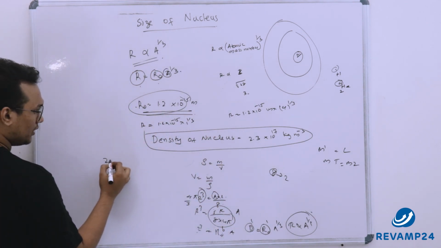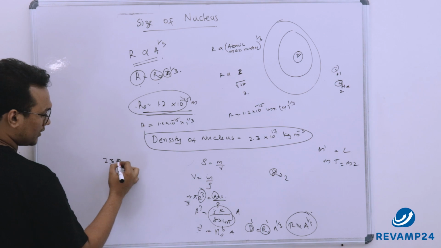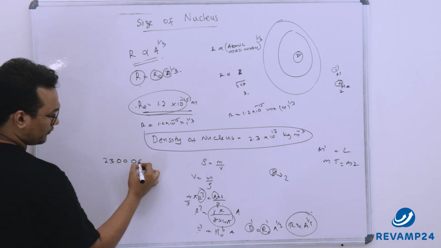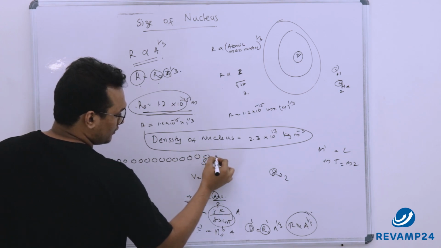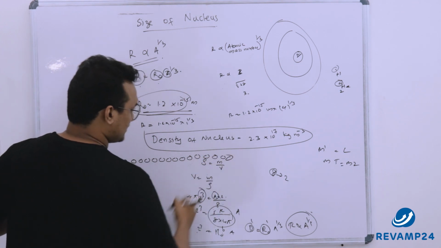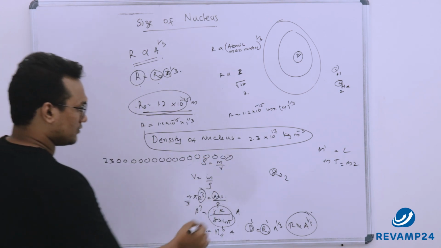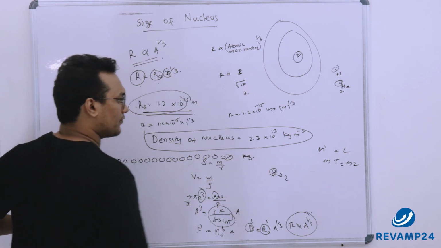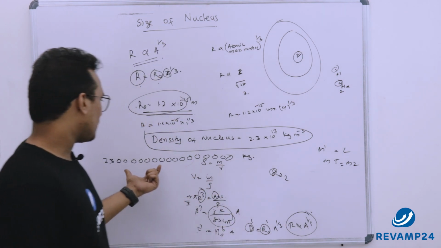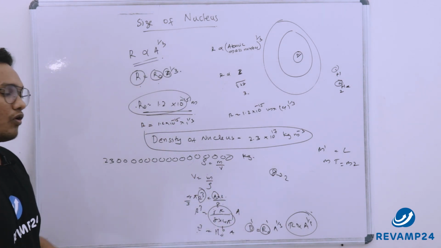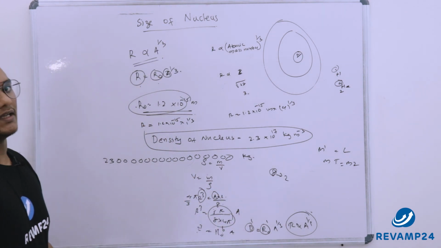How much would it be? 1, 2, 3, 4, 5, 6, 7, 8, 9, 10, 11, 12, 13, 14, 15 and 16. I already have considered that here. So this much kilogram in the meter cube box. This would be the weight of a box which is fully filled by nucleus.